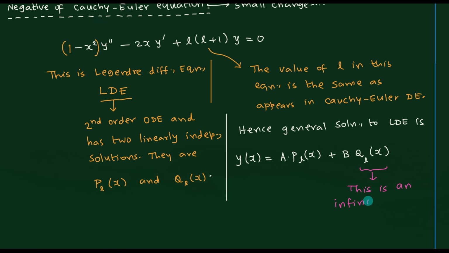That means it is not at all a polynomial, and in particular the trouble is that this infinite series does not converge, especially when x equal to +1 and x equal to -1. It may converge somewhere else, but we are interested in x equal to ±1. At those two points it doesn't converge, it goes to infinity, and we don't want that.